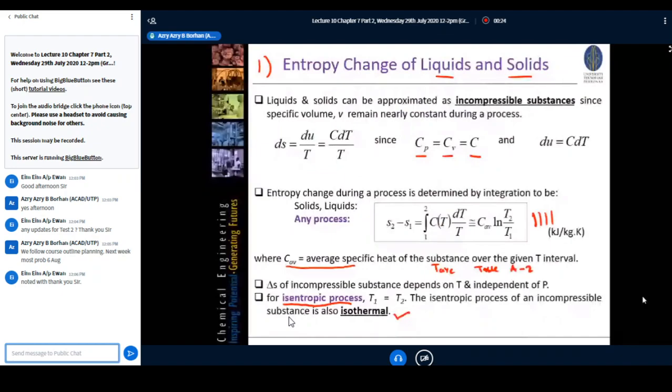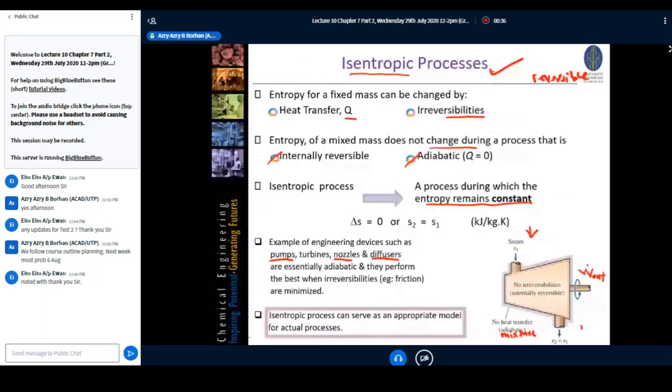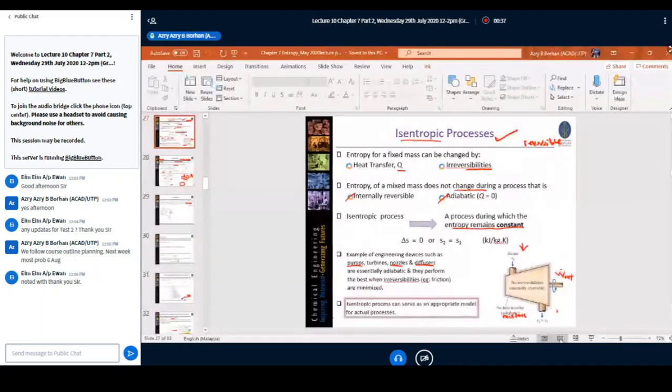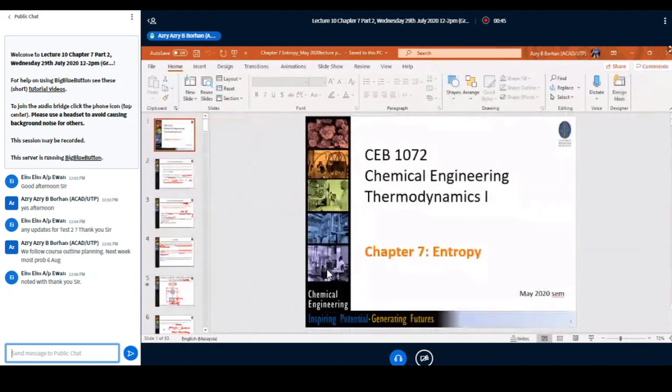Okay, before I proceed with the remaining part of chapter 7 content, let us do some revision first from last week: entropy.